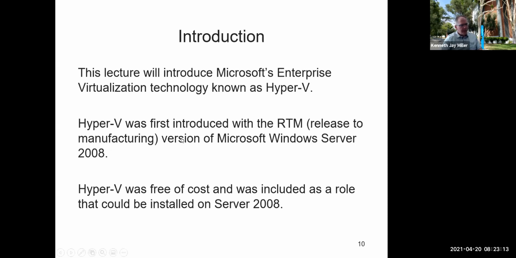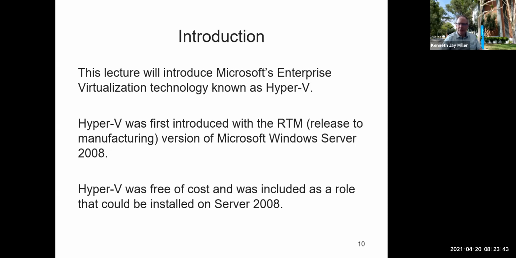But one thing that they have going for them is that Hyper-V is free of cost and is included in every version of Server 2008 and above. So if you have the Datacenter version or the Standard version of Windows Server, it includes Hyper-V.